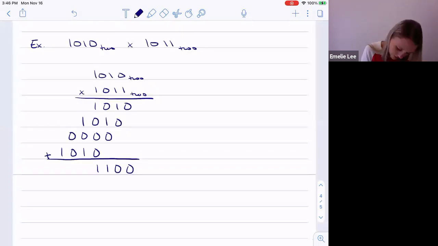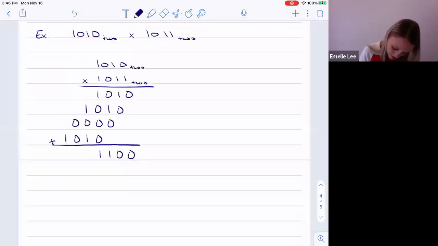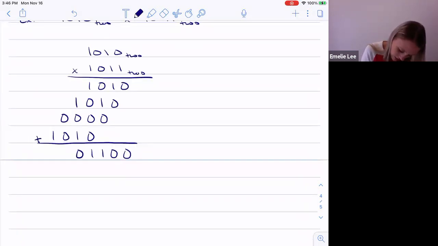So I put the first 0 here, and then I carry the 1. 1 plus 0 is 1, and then 1.